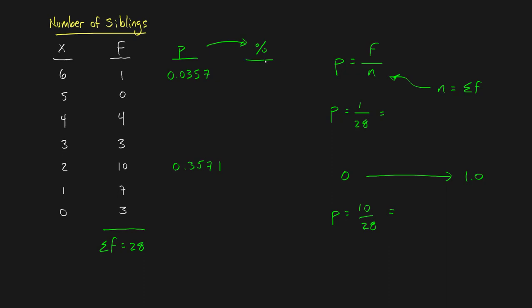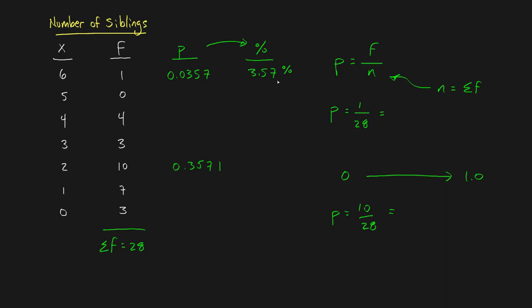To get a percentage, you very simply just take your proportion, multiply it by 100, and you get the percentage of times that this particular score showed up in your distribution or in your sample. So my first proportion, when I multiply this by 100, I get 3.57%.